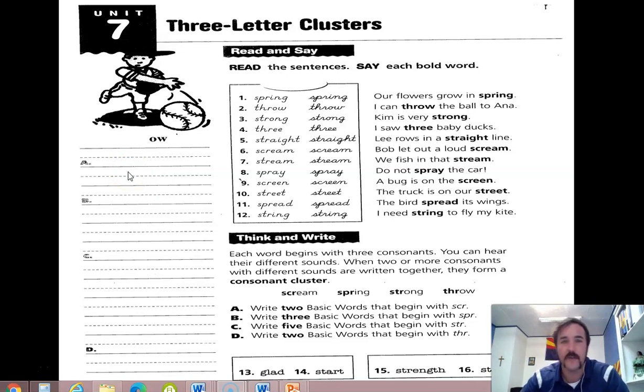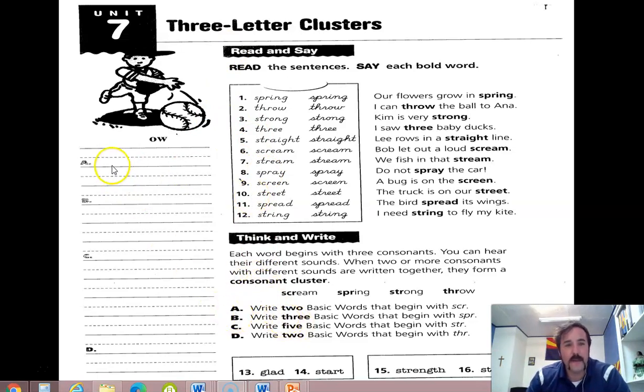Not that all these are nouns, but proper nouns are the words that need to be capitalized, like your name, or a school's name, or a street name, or a city name. Those need to be capitalized. These words don't. So they need to be lowercase. We will have some words a few units from now that need to be capitalized. These need to be lowercase or small letters, right?